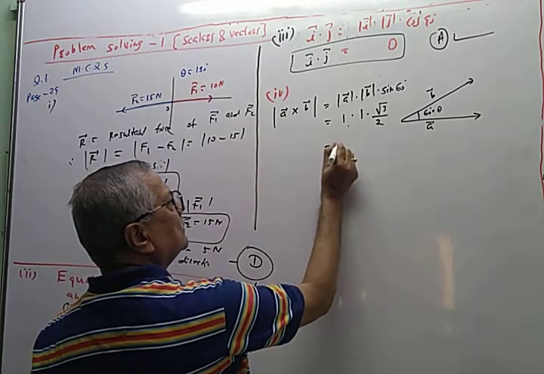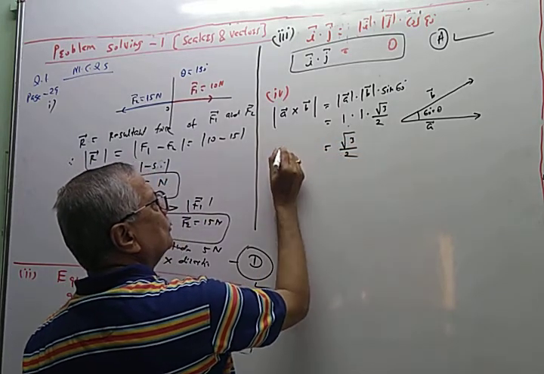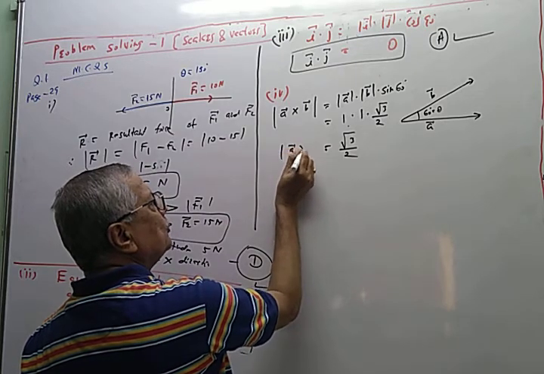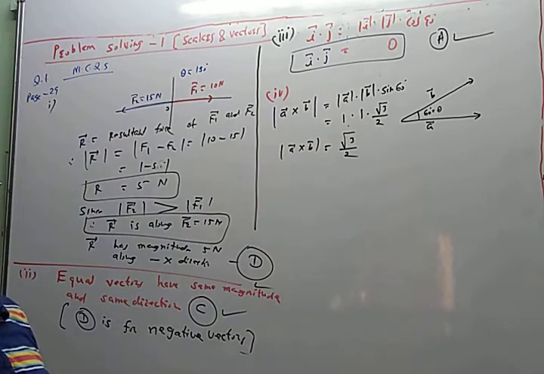So the answer is root 3 by 2. So the magnitude of the cross product of the two unit vectors is root 3 by 2.